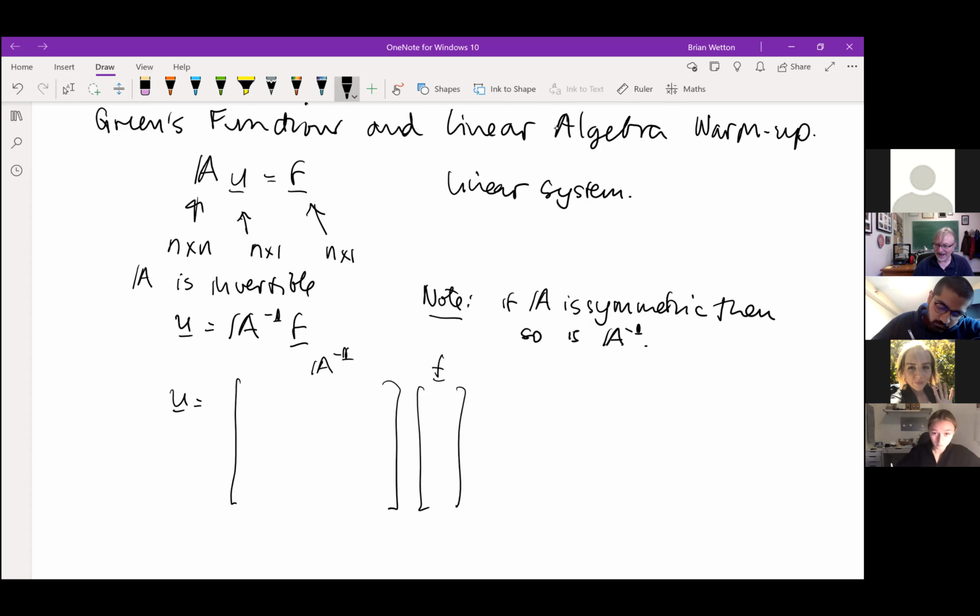I have the picture in my head, and I can't show you like I would like to do. But what do you do to get the first entry of U, the first component? You take this row and you turn it sideways, rotate it by 90 degrees, and then you take the dot product with F.